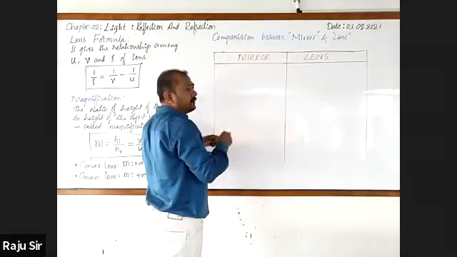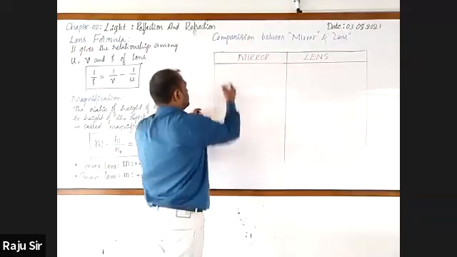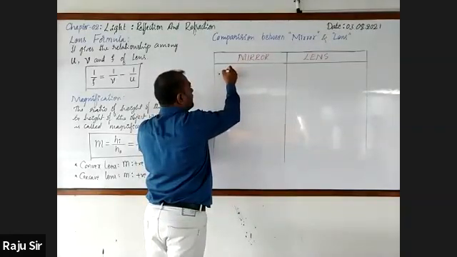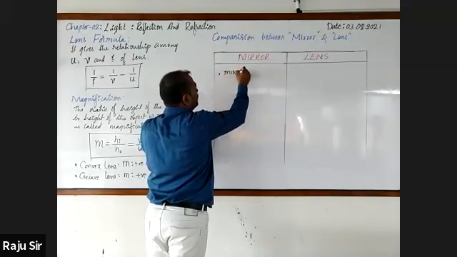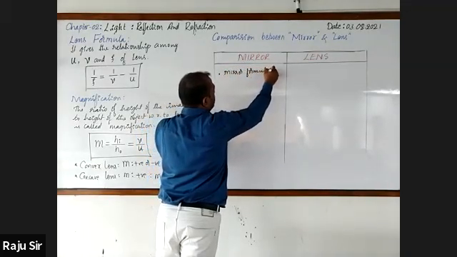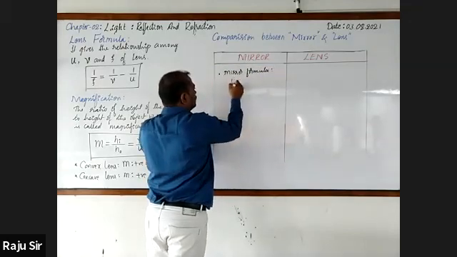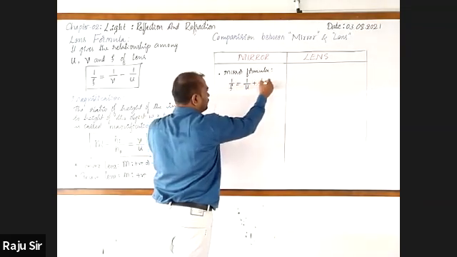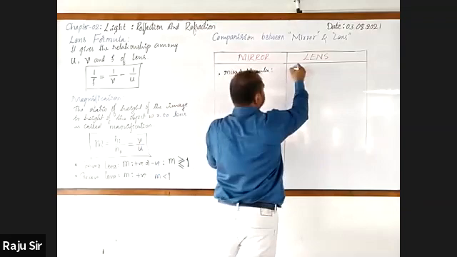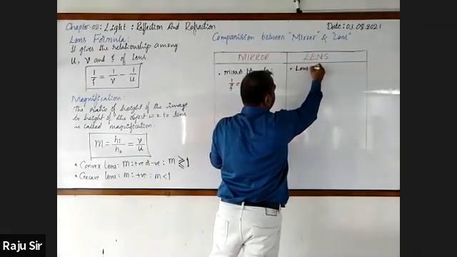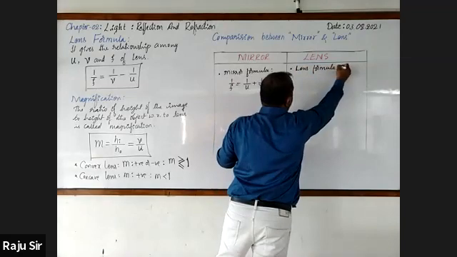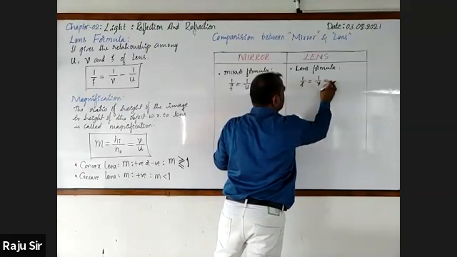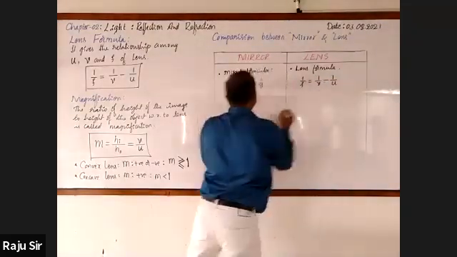What is the mirror formula? 1 by f is equal to 1 by v plus 1 by u. Next, just beside, lens formula. Lens: 1 by f is equal to 1 by v minus 1 by u.